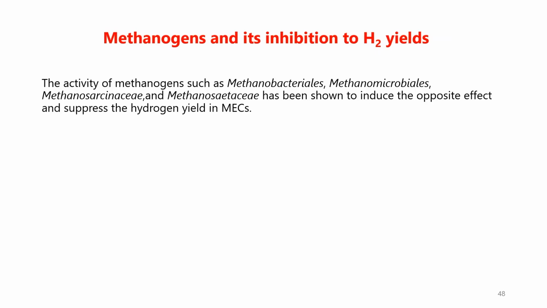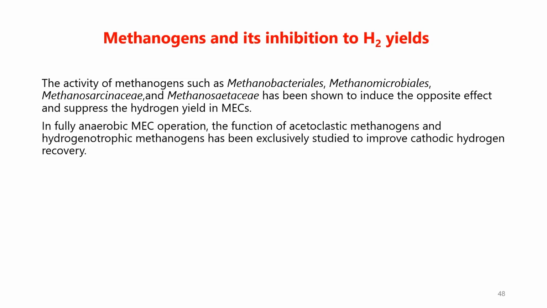The activity of methanogens such as Methanobacteriales, Methanomicrobiales, Methanosarcinaceae and Methanosaetaceae has been shown to induce the opposite effect and suppress the hydrogen yield in MECs. So, methanogens inhibit hydrogen yields.